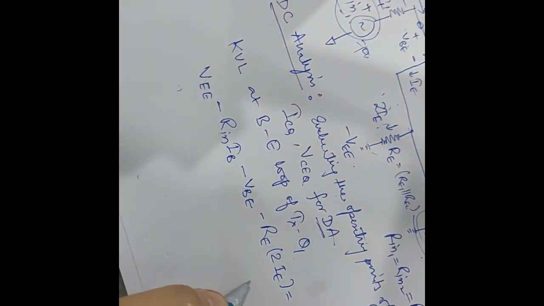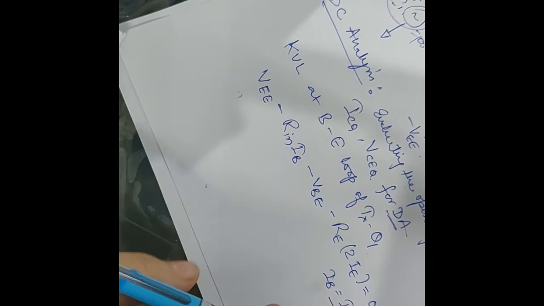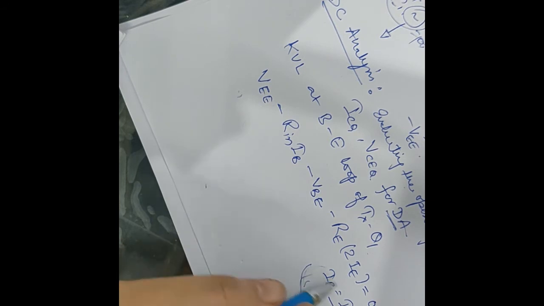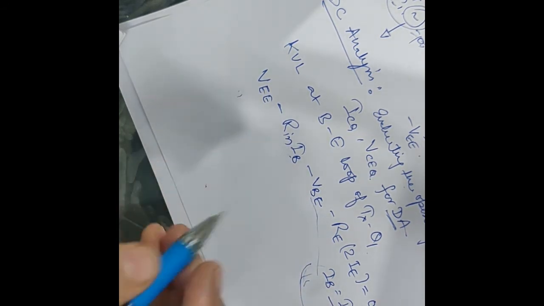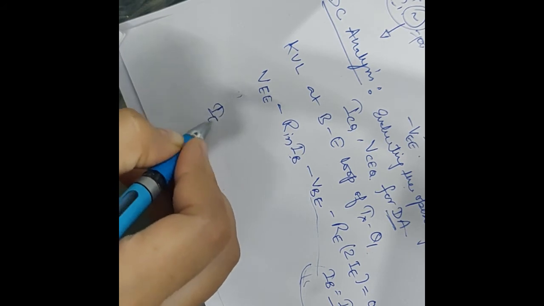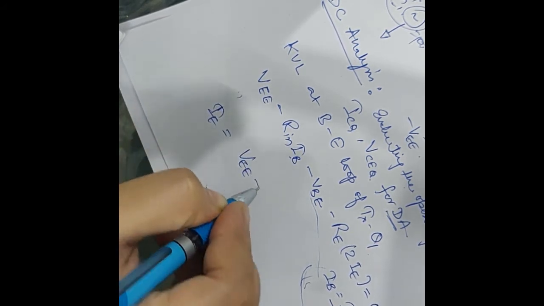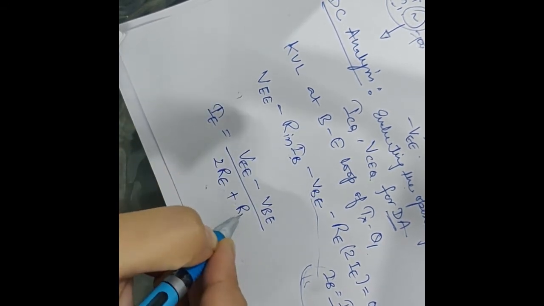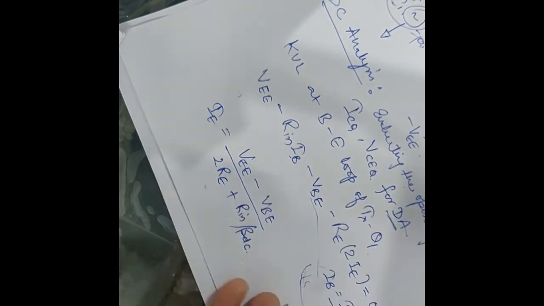Now as we already know, the relation between the base and emitter current is denoted by beta DC, and since IC is almost equivalent to IE, using this equation we will get IE as VEE minus VBE upon twice of RE plus RN upon beta DC.